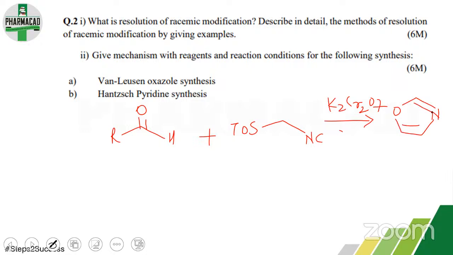Whereas in the case of Hantzsch pyridine synthesis, we have to react the aldehyde with a beta keto ester.